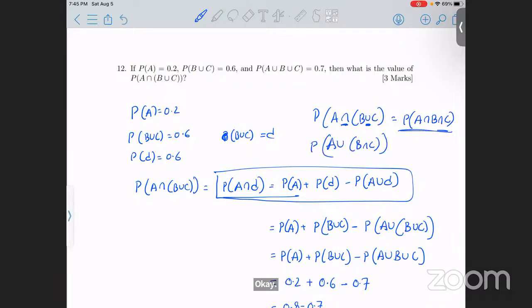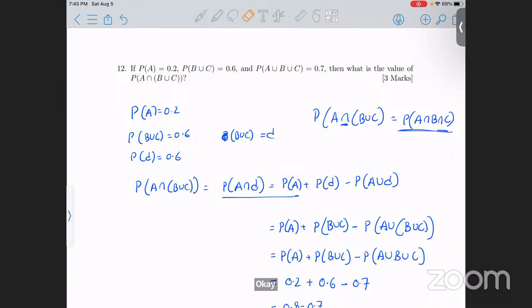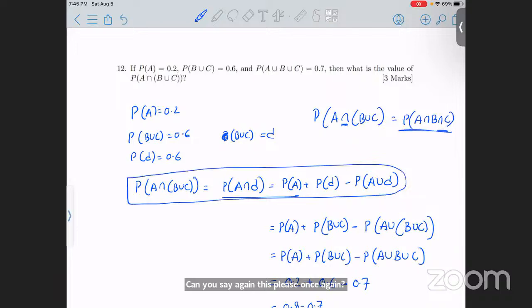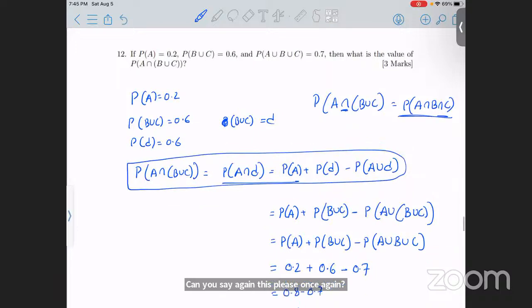Can you say this once again, please? Whenever you find the intersection with a union, then change it into intersection. Whenever you find the same sign, don't change the sign. Okay.